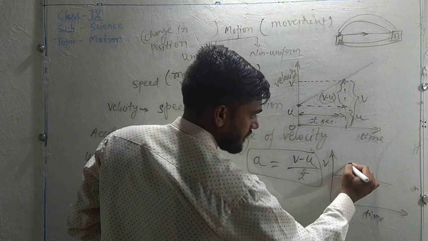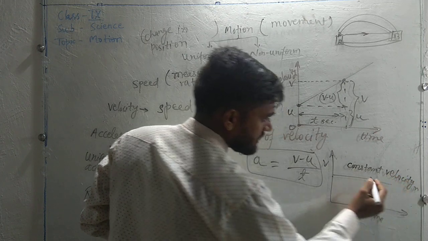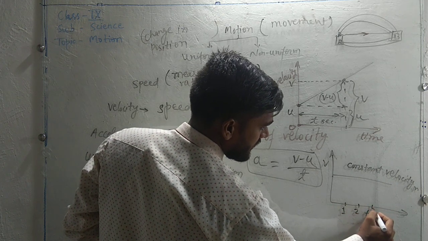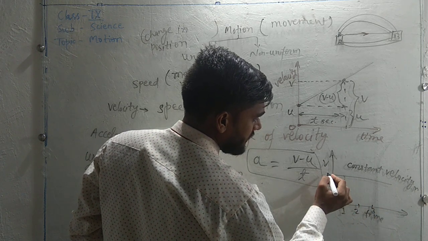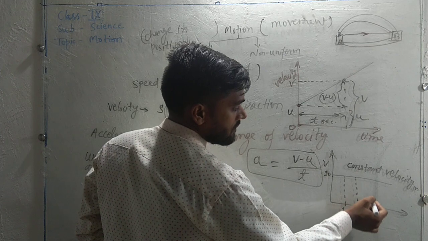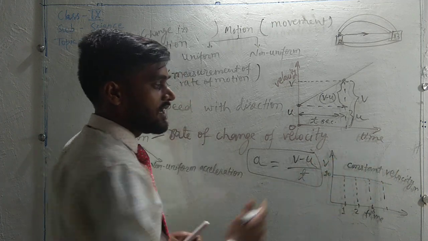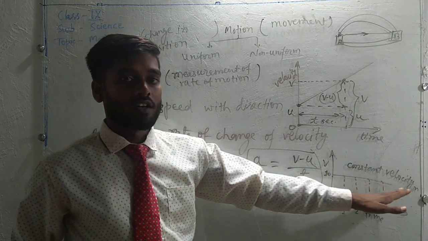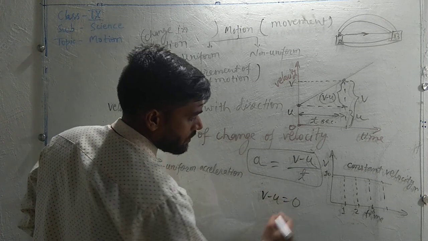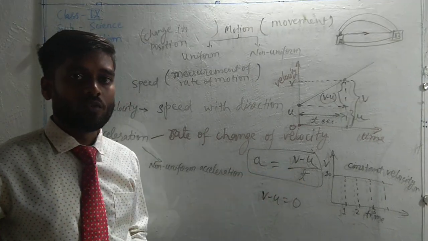So this represents constant velocity. In such a case, let it be first second, 2 second, 3 second: at the first second it is 10, at the second second it is also 10, third second also 10, fourth second also 10. Means the time is changing but the velocity is constant. So in this case, the change in velocity will be zero. If it is so, then the acceleration will be zero.